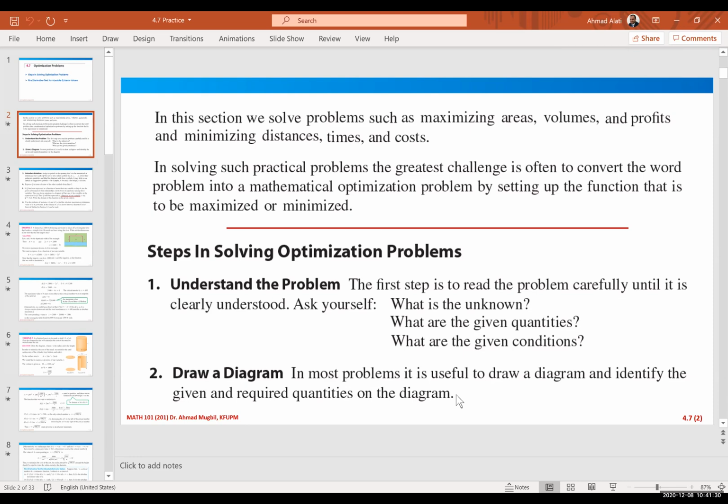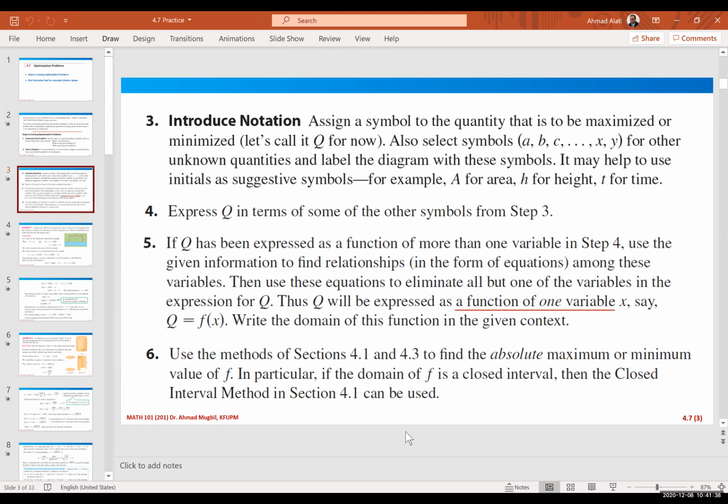Draw a diagram. It will be better and clearer for you if you have a diagram. And also introduce your notation. You use the usual notation X, Y, Z, and so on, and focus on the quantity that you want to maximize or minimize. Ask yourself, I need to maximize what? Minimize what? What is the function?